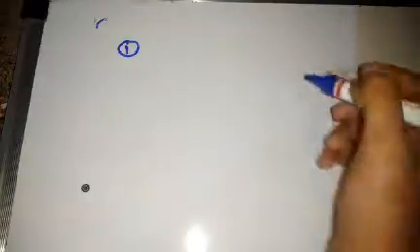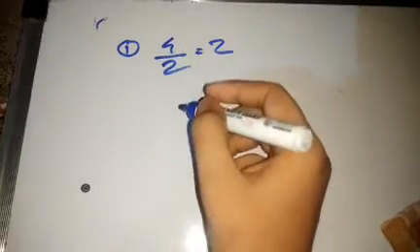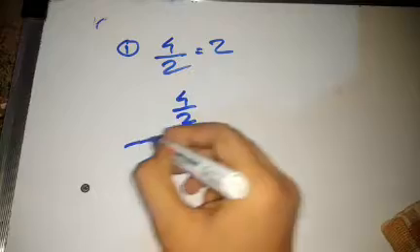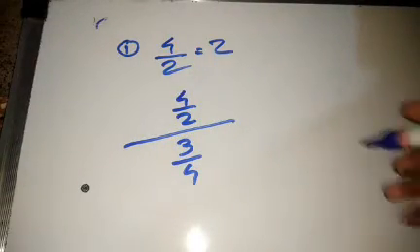One another trick I am going to give you, like if sometime we have numbers, we know multiplication, like 4 by 2 is equal to 2. But if there is some complex division, like 4 by 2 and this whole multiplication with 3 by 4, then how to solve it?